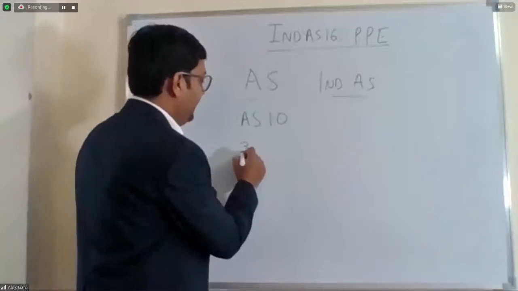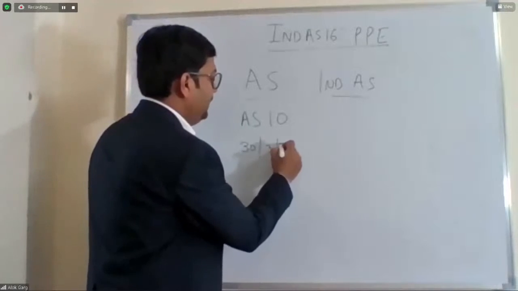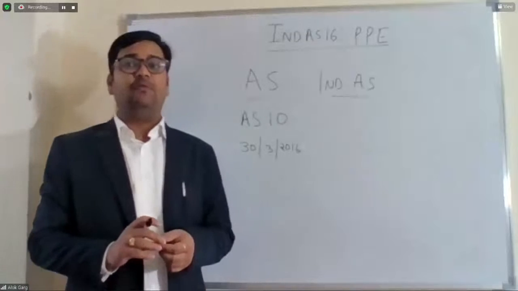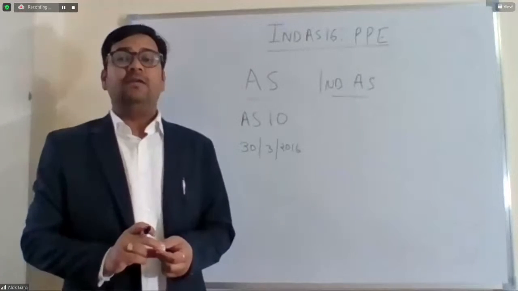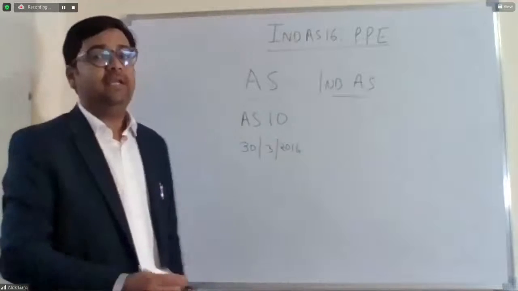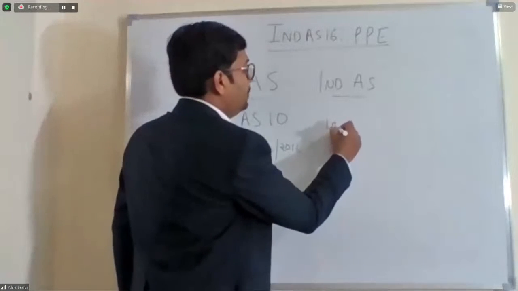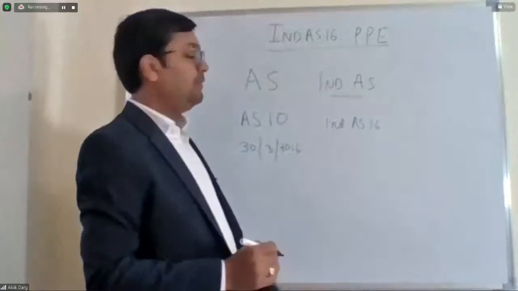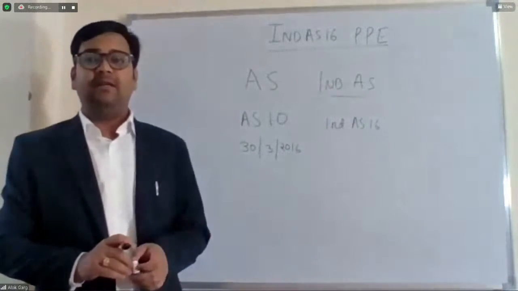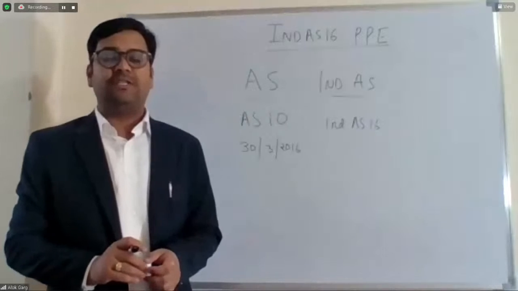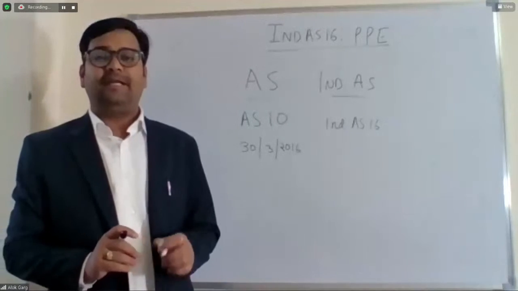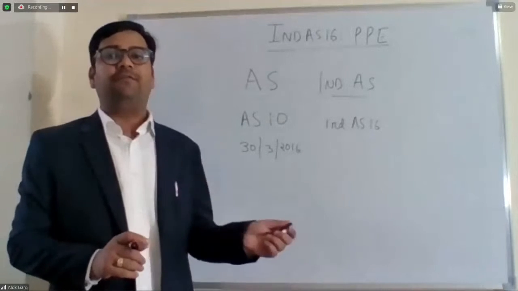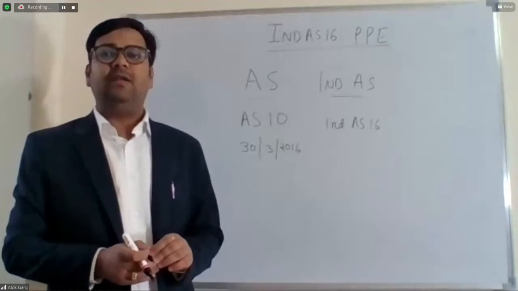So if any of you has knowledge of the revised accounting standard 10, then substantially you are aware of Ind AS 16. Ind AS 16 also talks about property, plant and equipment, and under AS 10 on 30th March 2016, the title has been revised from accounting for fixed assets to property, plant and equipment.